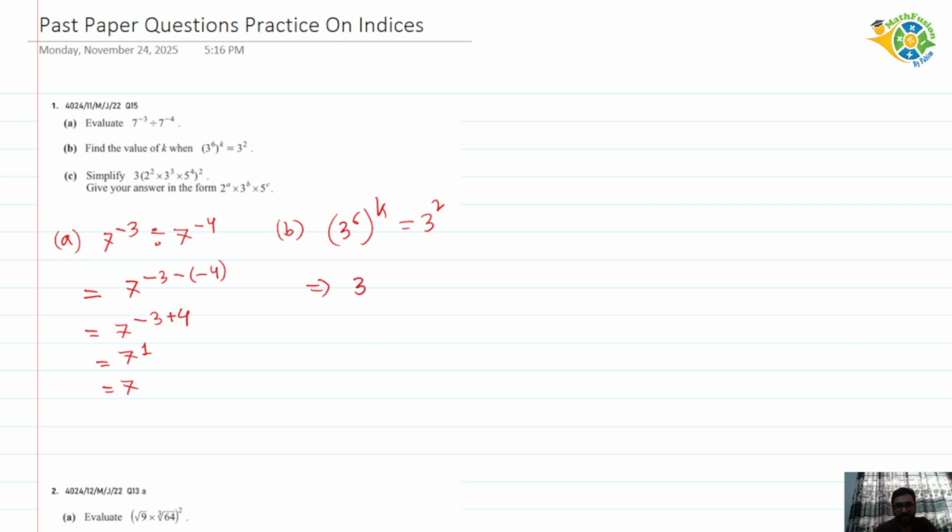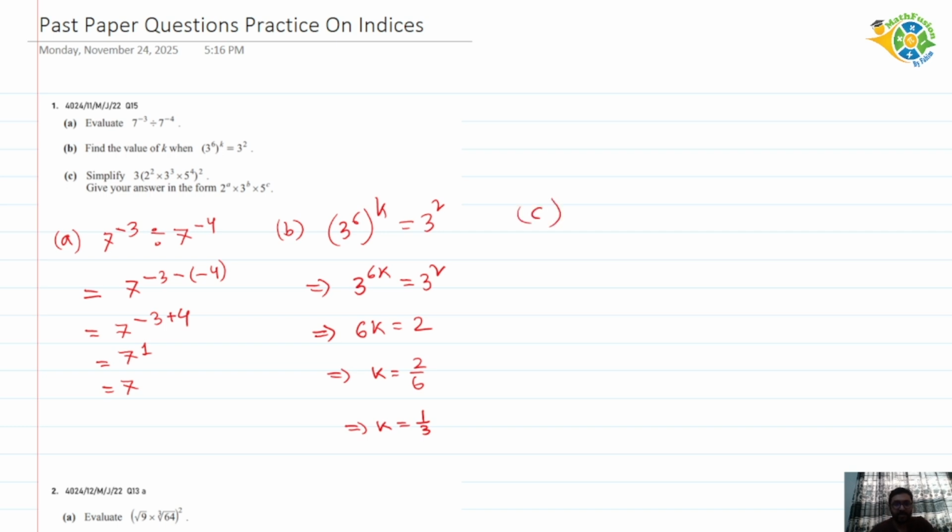So 3 to the power 6k equals 3 squared. As the bases are the same on both sides of the equation, we can write the powers to be equal. So k will be 2 by 6. So the answer will be 1 by 3.